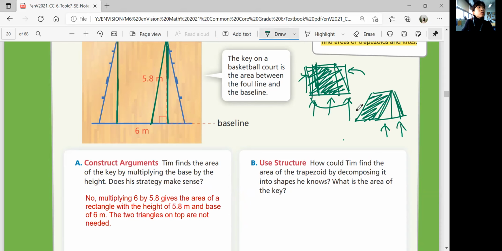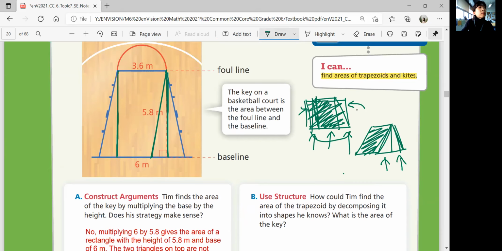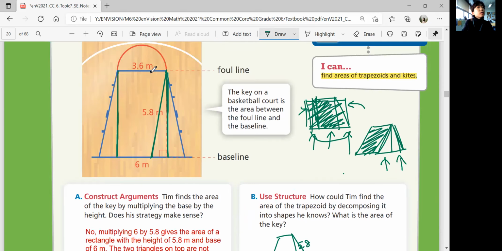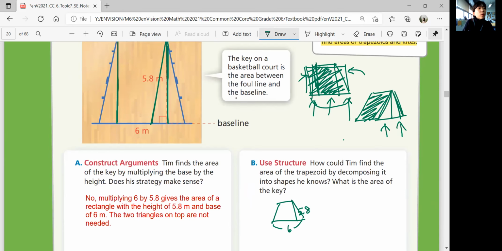So what do we do? Well, think about it. We have a trapezoid that has a base of 6 and height of 5.8. But what's the measurement of the top base? 3.6.